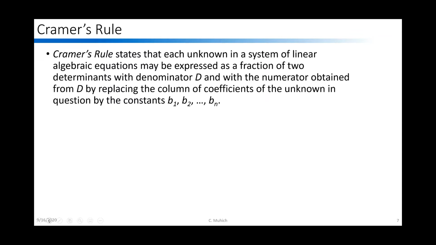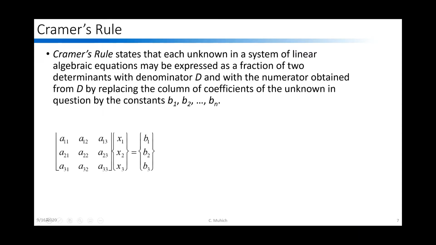So Cramer's rule says that each unknown of a system of linear algebraic equations may be expressed as a function of two determinants, with the denominator D and the numerator obtained from D by replacing one of the columns of the coefficients of the unknown in the equation by the constraints b1, b2, all the way to bn. So that's our technical definition, but let's see what that actually means.